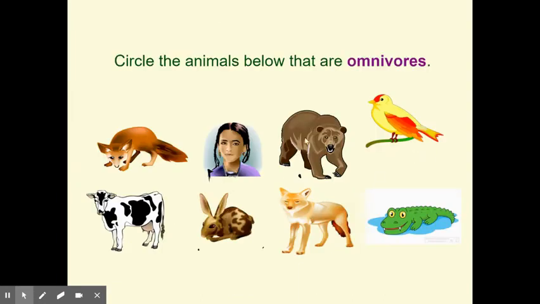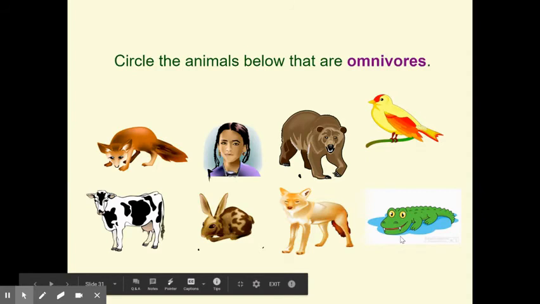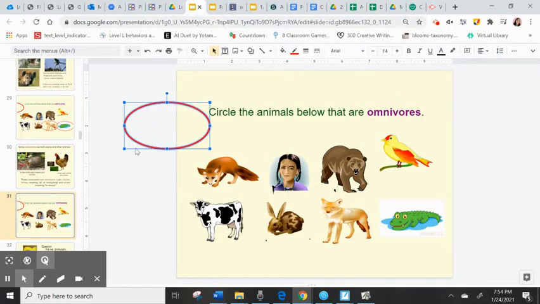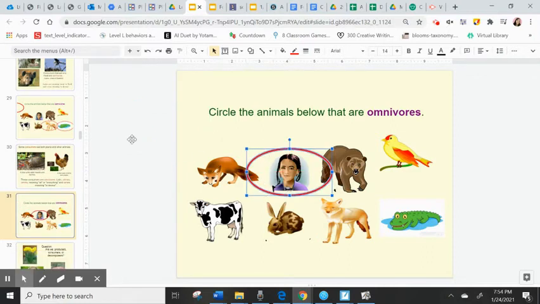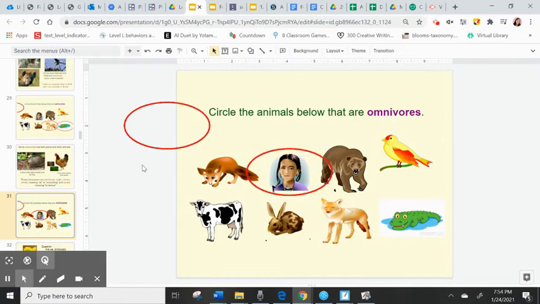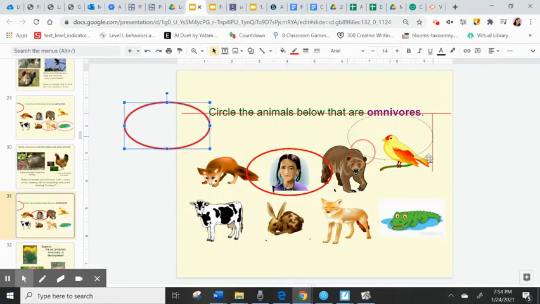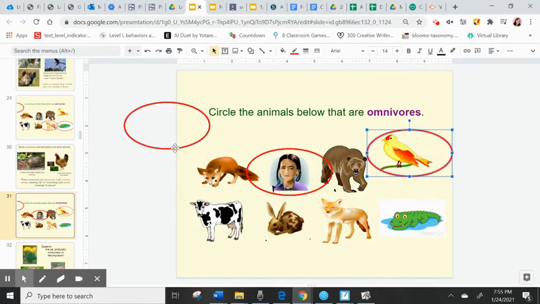So let's take a look at these pictures. Which ones do you think are omnivores? Take a second. If you said that you think the human, oh, whoops, hold on. The bird, which eats worms and berries.